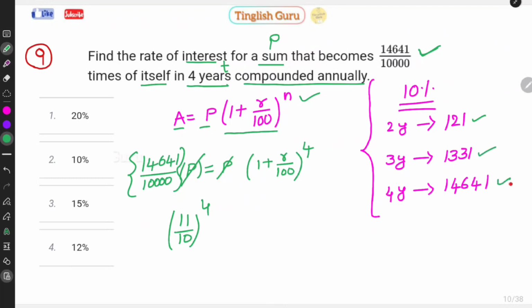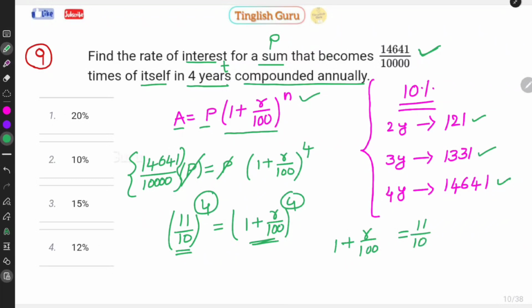You have to definitely remember these values. That is equal to 1 plus R by 100 whole power 4. Here powers are same. Therefore, the base values will also be same. That means 1 plus R by 100 is equal to 11 by 10. 100 plus R by 100 is equal to 11 by 10.